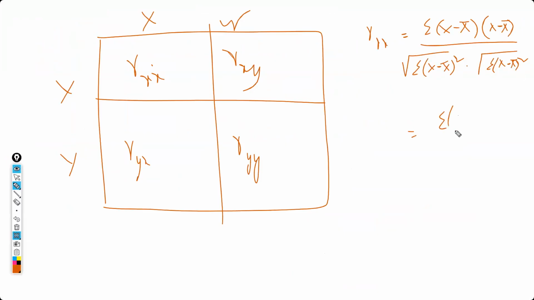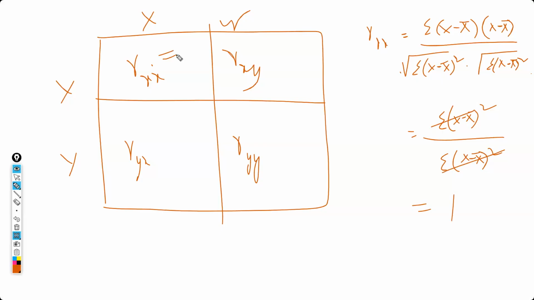The numerator is (x minus x bar) whole square. In the denominator, if you multiply the square roots, it is nothing but sigma of (x minus x bar) whole square. Cancel means you are going to get 1.